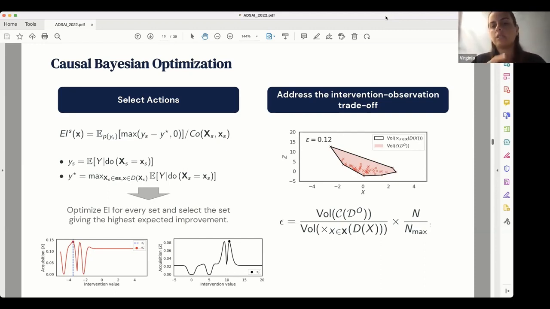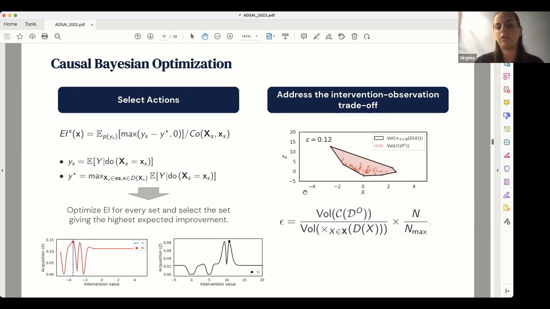So you see here this graph where you have the outer black line that corresponds to the interventional domain, which is fixed by the user. And in red, you see the convex hull of the observational data. So if you're interested in learning about an intervention around, let's say, 0, 0, you see that that part of the input space is pretty much covered by the observational data.